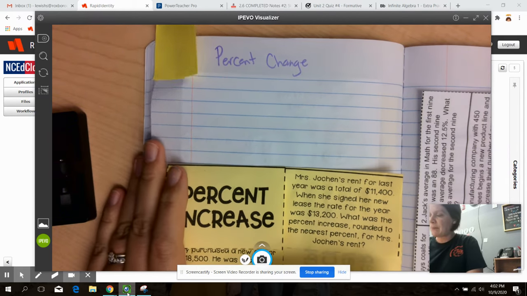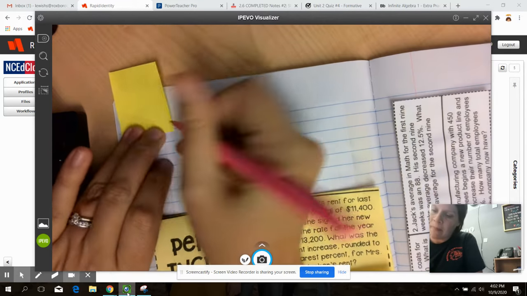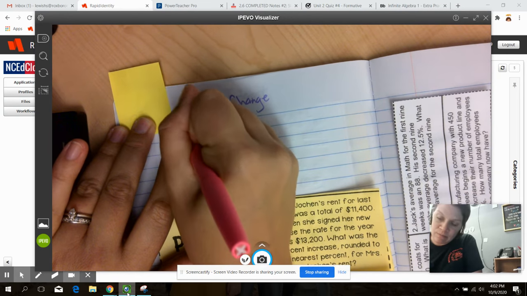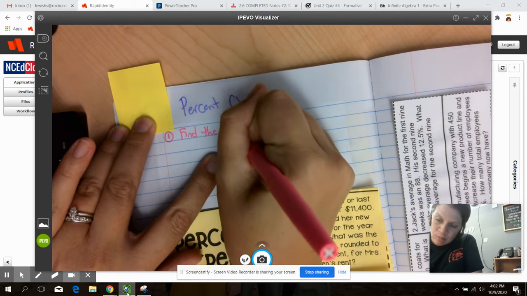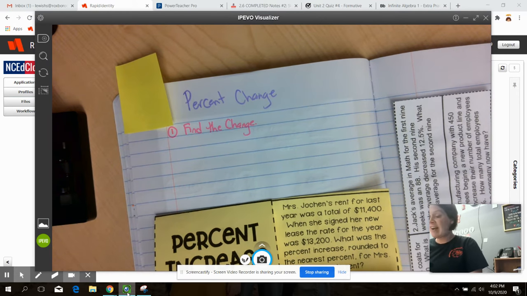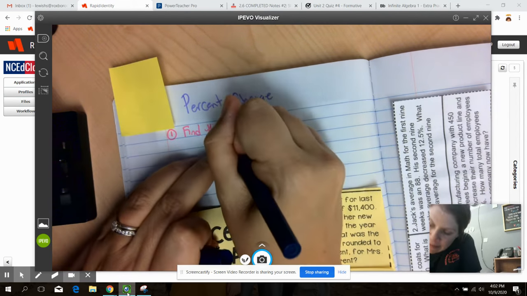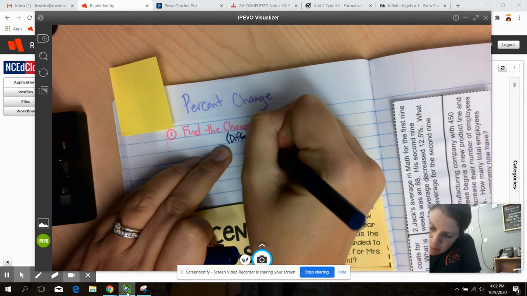The first step is we are going to find the change. We can also think about that as finding the difference.